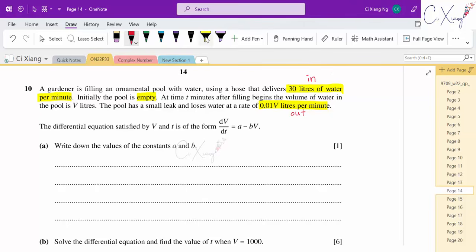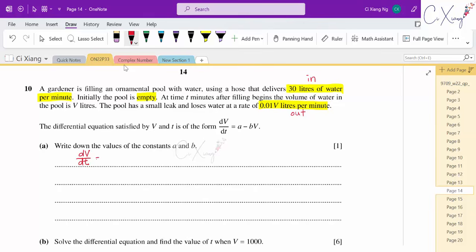Alright, so the differential equation satisfied by V and t is in the form of this one. They want us to write down the constants A and B. So according to what we understand here, they are talking about the rate of change of the volume of this pool. When we are talking about the rate of change, basically it should be dV over dt. We are talking about volume, so it should be V, and over time, it should be dt.